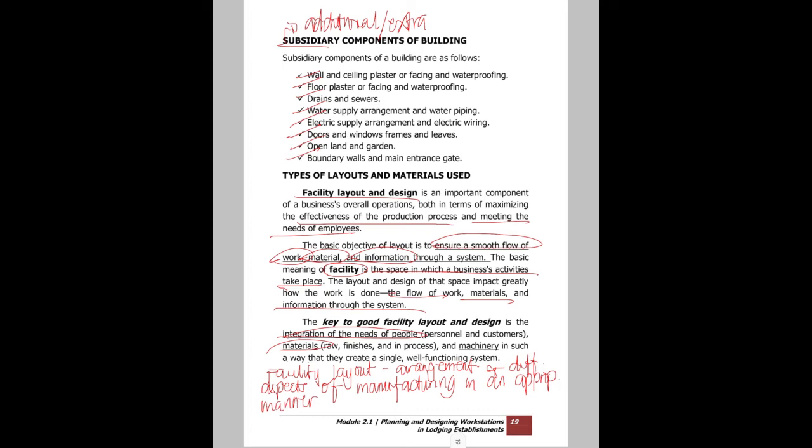Because there is a need for the integration, collaboration, nung tinatawag natin na people and materials o yung mga machines. So, in such a way, they create a single well-functioning system. Ibig sabihin, kapag maayos yung floor layout natin, yung facility layout natin, mas magiging efficient and productive yung ating mga employees.